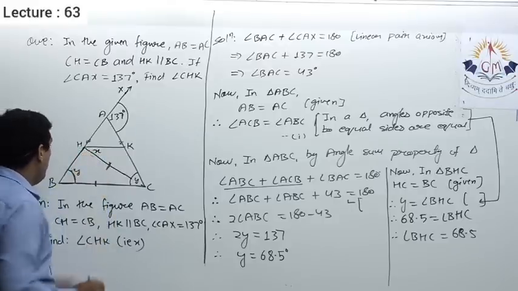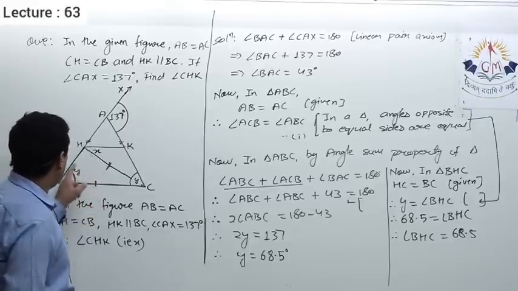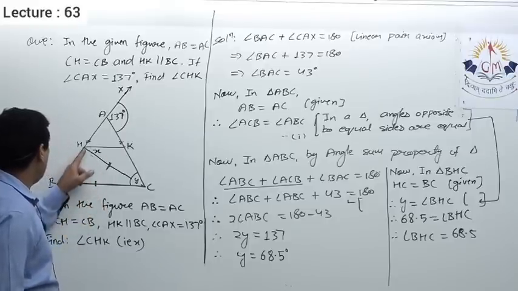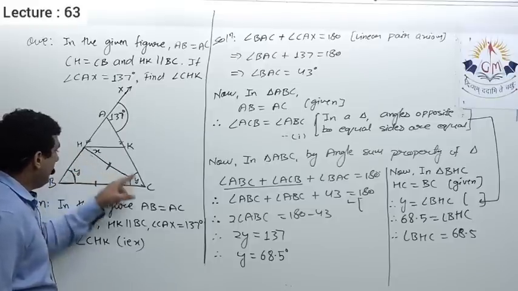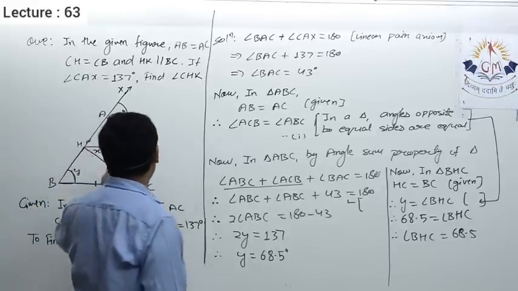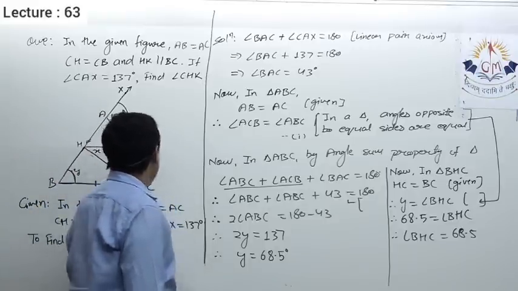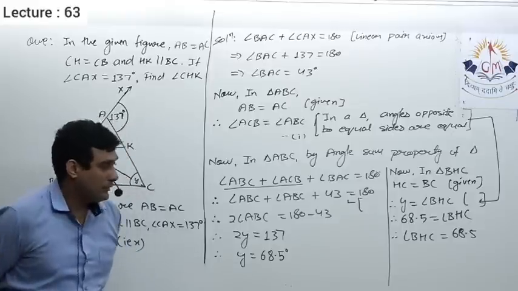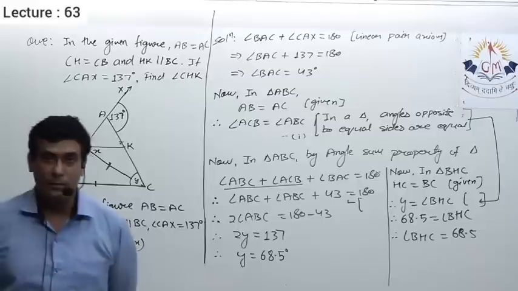Okay, now as HK parallel BC, so I can write angle y plus BHC plus x is equal to 180, and hence I will be able to get the measure of angle x. So first of all note it down, then I will give you the remaining solution.